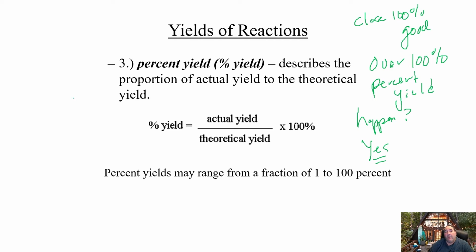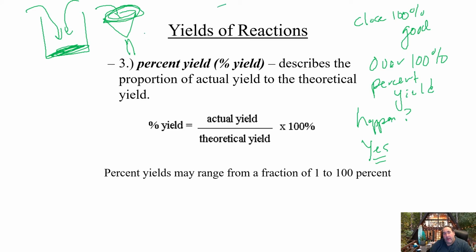For example, a very common error could happen if you made a precipitate through a precipitation reaction, and you mixed all these solutions together and made a solid that formed. You do a nice, wonderful filtration where you pour it through, and you have your filter paper that has your solid on it. Perhaps you weighed your filter paper first, and then you did this reaction.